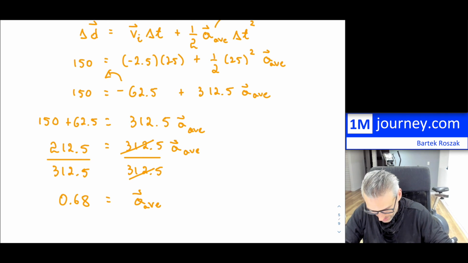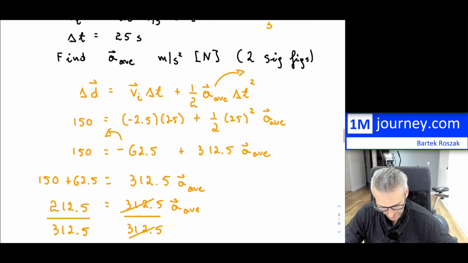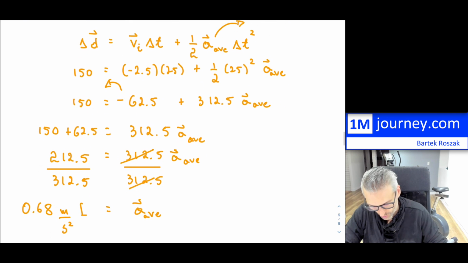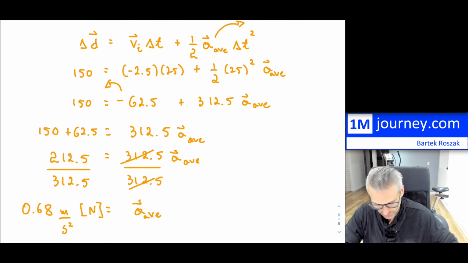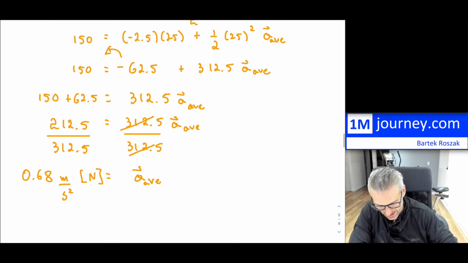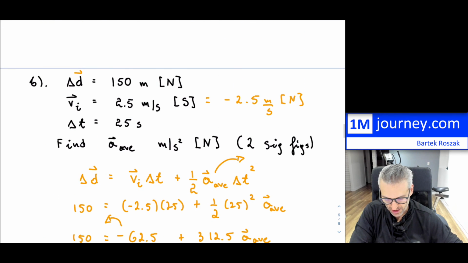So the only thing is we have to bring back our units. In here, you can bring it back or put a concluding statement. This will be in meters per second squared, and this was north. So there you have it. That's another example, and it's a nice example because it shows you how to manipulate the formulas themselves.